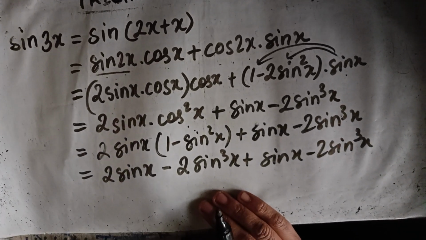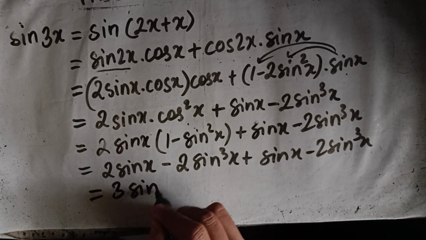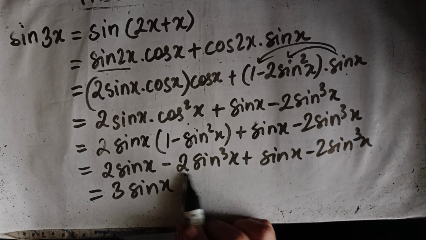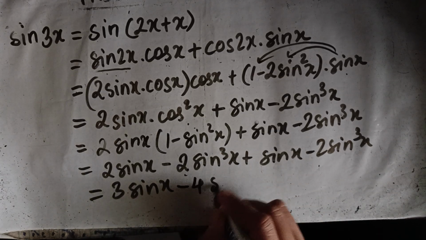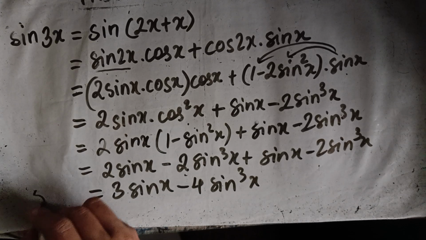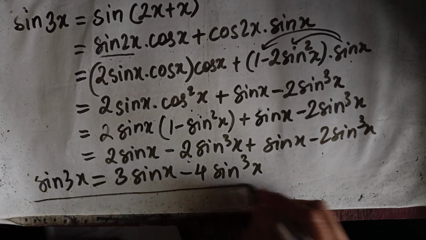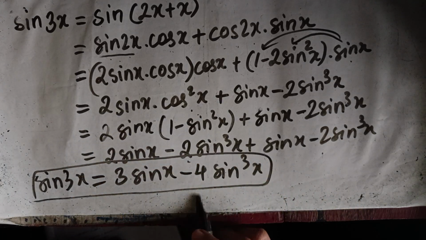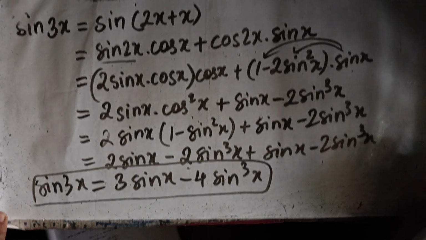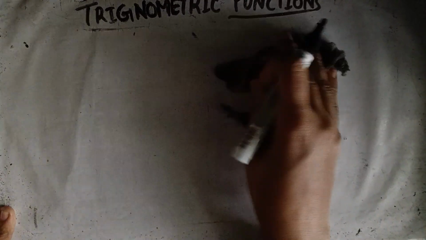Okay. So 2 sin x plus sin x is 3 sin x, and minus 2 minus 2 is minus 4 sin cube x. So this is our next identity, which is sin 3x equal to 3 sin x minus 4 sin cube x.